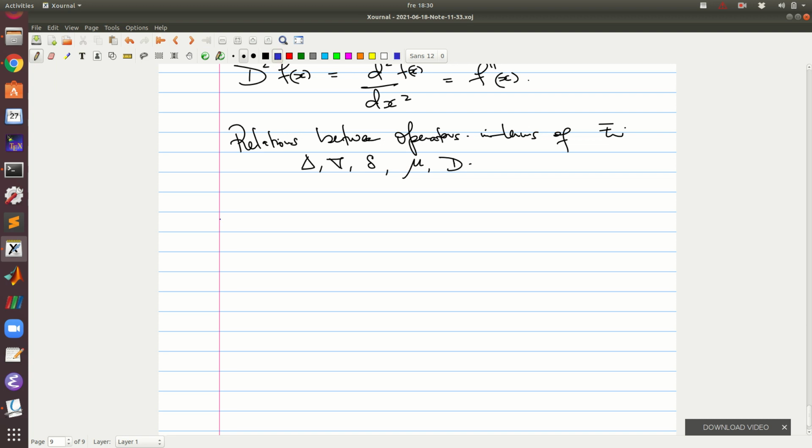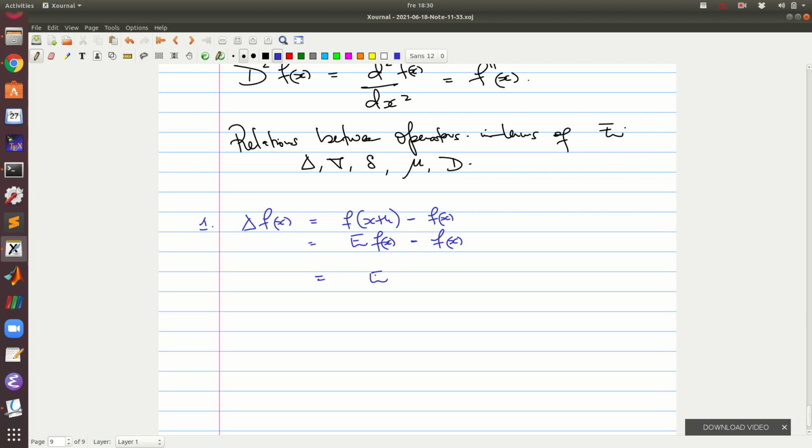Alright, let's go. 1. We know by definition that the forward difference operator of f at x is f of x plus h minus f of x, which we know in terms of the shift operator. This is the shift operator of f at x, then minus f of x.